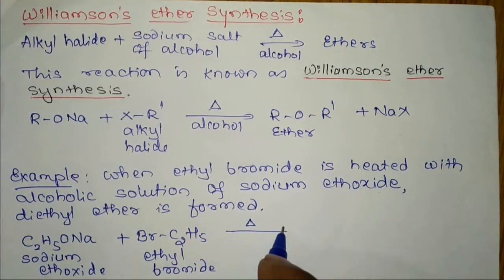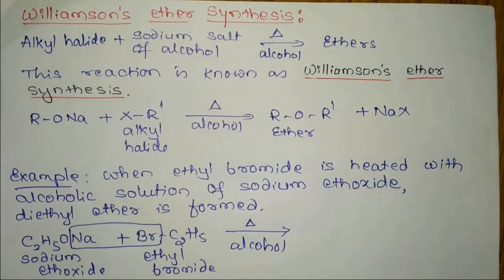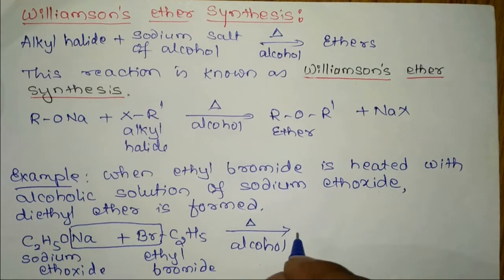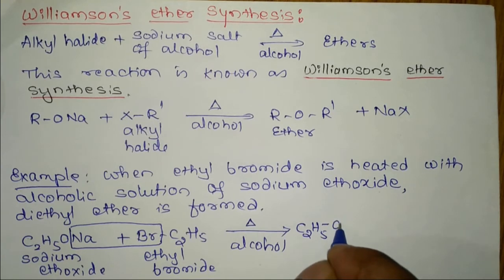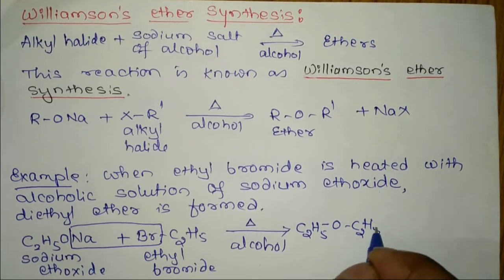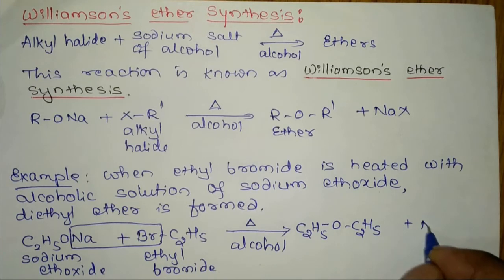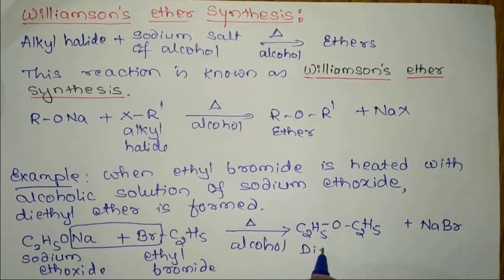Heat it in the presence of alcohol, eliminating a molecule of sodium bromide. You are going to get C2H5OC2H5 plus NaBr, diethyl ether. This reaction is known as Williamson's ether synthesis.